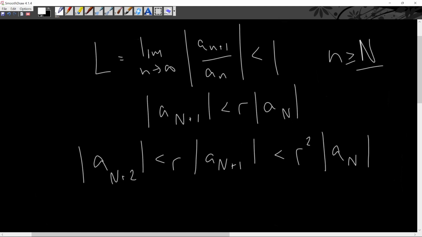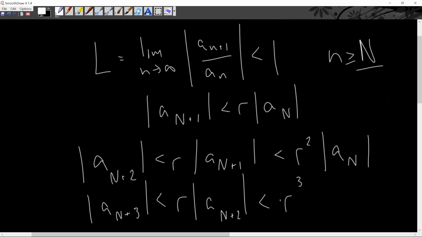And we can just continue multiplying this by terms of R and applying the same idea that we applied for previous ones. We can say that a sub N plus 3 is less than R times a sub N plus 2, which is less than, well, it's going to be R squared times a sub N plus 1, but we can still acknowledge that R cubed times a sub N.